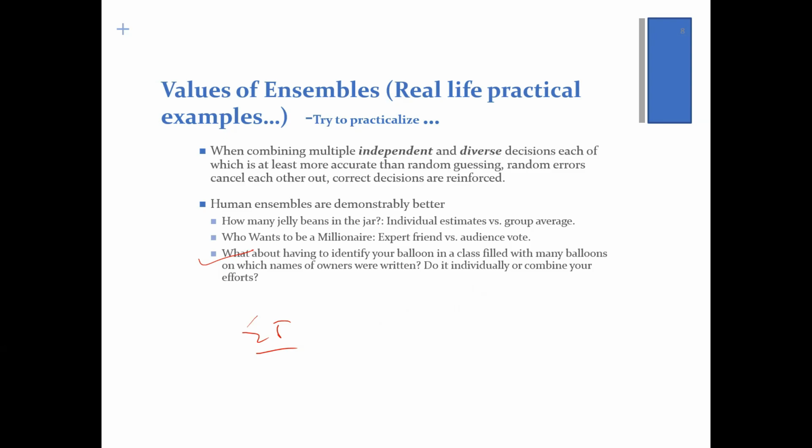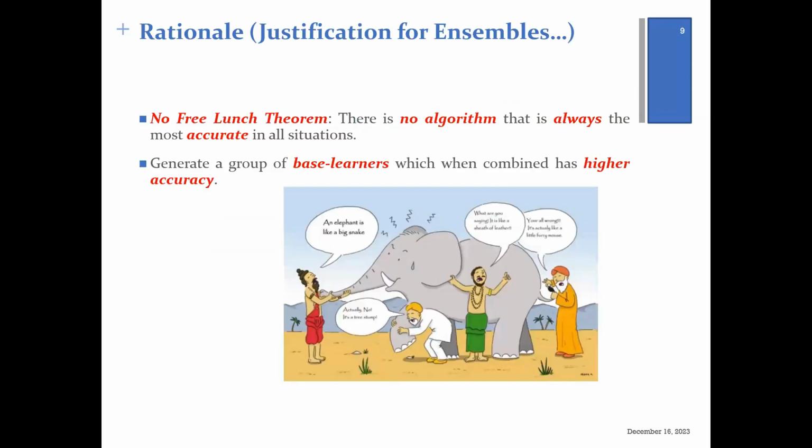Within 1 or 2 minutes, everybody gets their balloon. But if you want them to do it individually, it takes a lot of time. This corroborates the fact that togetherness in a group performs better than the individual. These are several real-life practical examples demonstrating that the ensemble performs better than the individual.